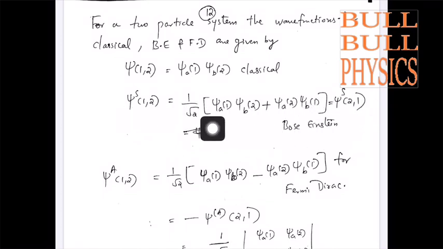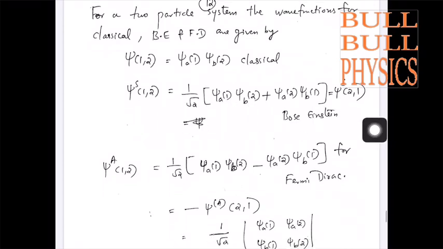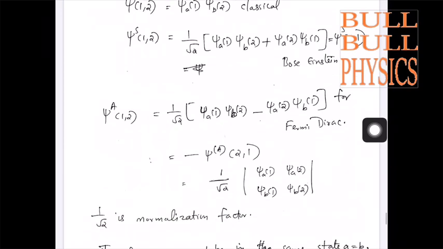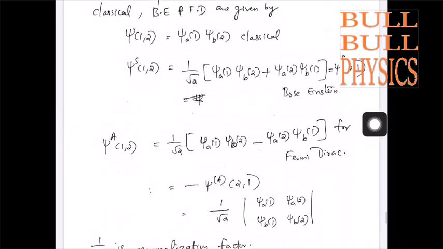So for Bose-Einstein statistics, the symmetric wave function is written like this. And for Fermi-Dirac statistics, the wave function is written like this: 1 by root 2 times psi_a(1) psi_b(2) minus psi_a(2) psi_b(1), which is actually minus psi(2,1).